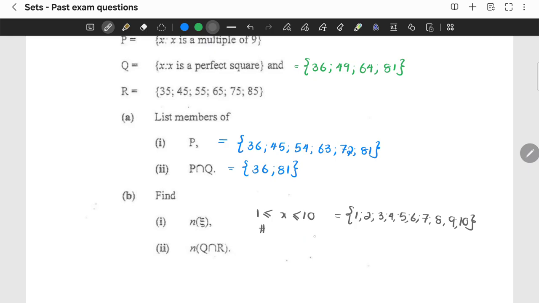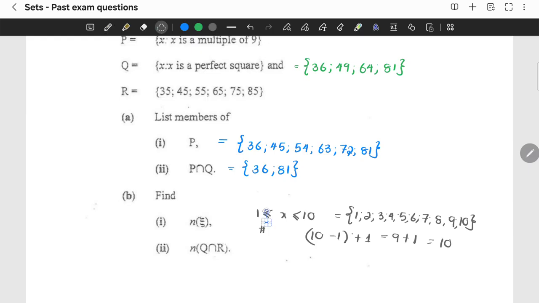Or we say 10 minus 1, plus 1, because they are including both terms 10 and 1, such that we get 9 plus 1, which is 10.